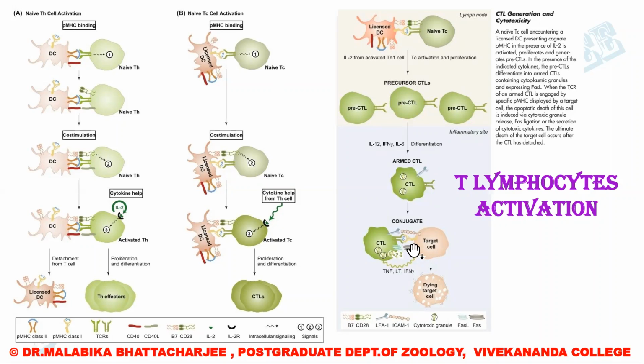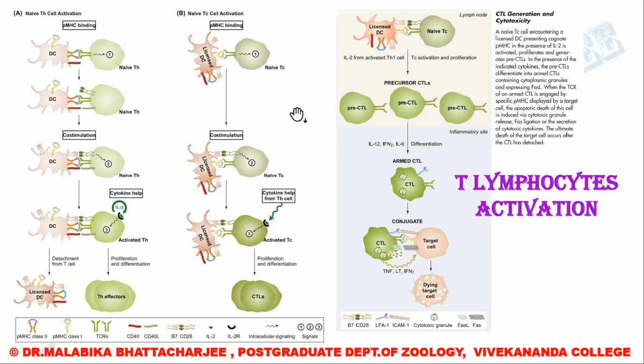Okay, the MHC class 1 peptide molecule, and these are the co-stimulatory receptors. And finally, the cytotoxic T lymphocyte mediated destruction of the target cell occurs through the release of certain molecules from the cytotoxic T cell, or it might opt for some other pathways which we'll be discussing in the next slide.